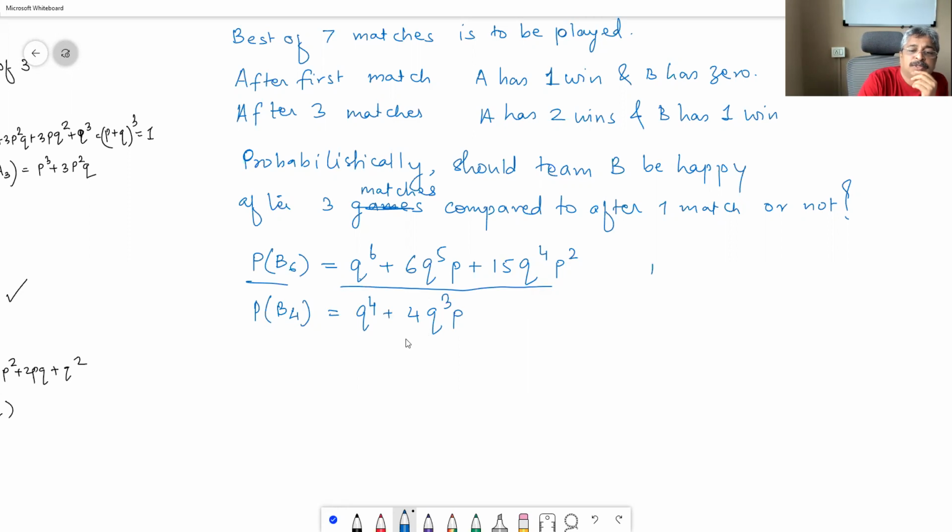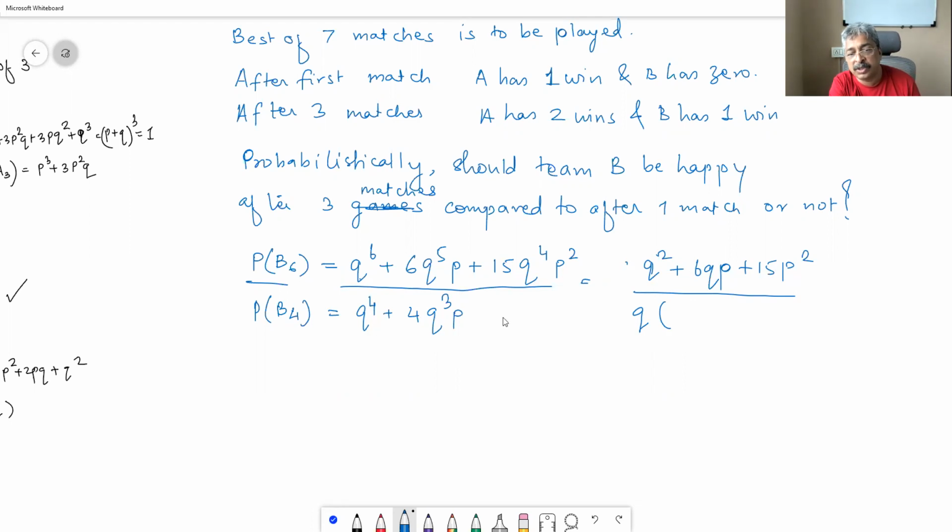Take the ratio. Now you can see that Q4 is coming out common, so it will disappear, and therefore the terms remaining will be Q raised to 2 plus 6Q P plus 15p square. That is what is in the numerator. Q cube has gone with the numerator q4, so 1q is remaining inside bracket.